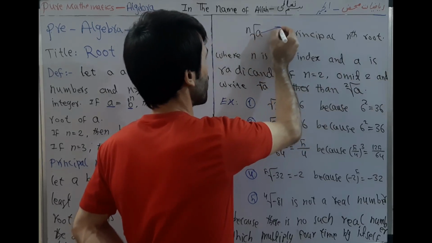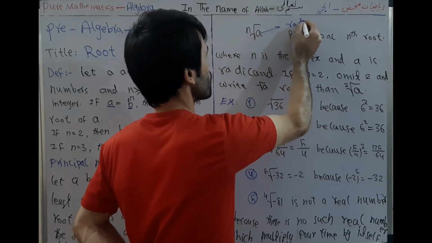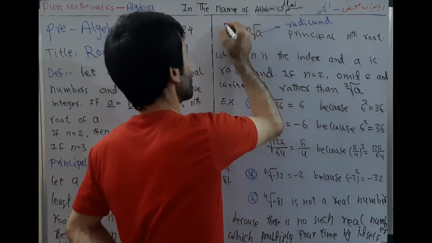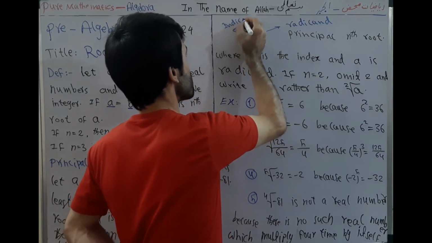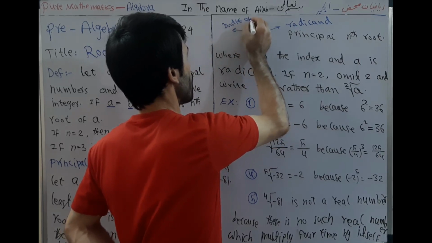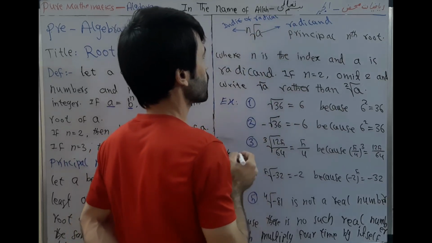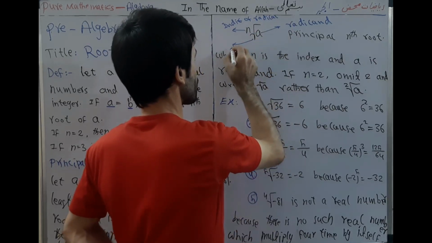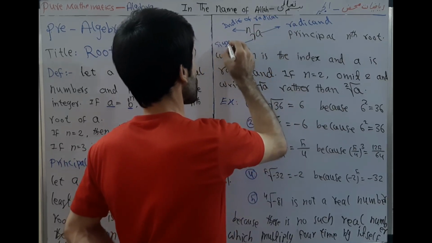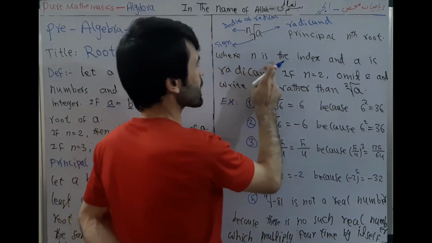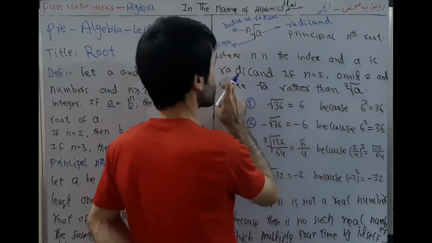Here a is the radicand, n is the index of the radical, and this is the sign of the radical.